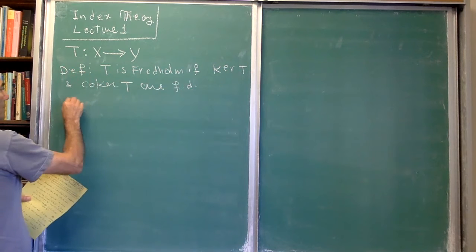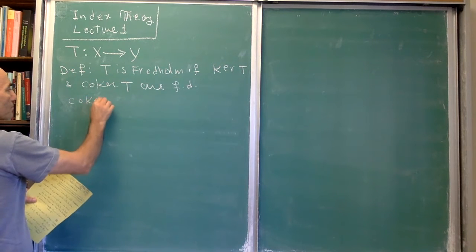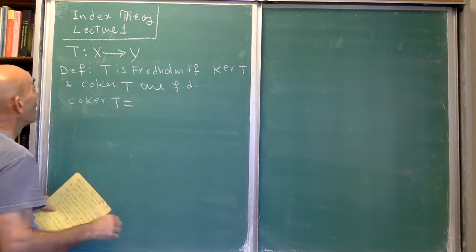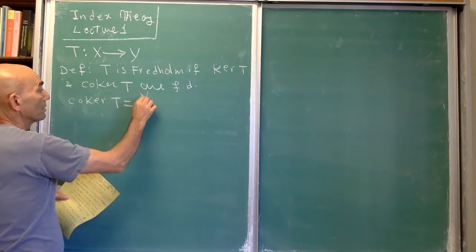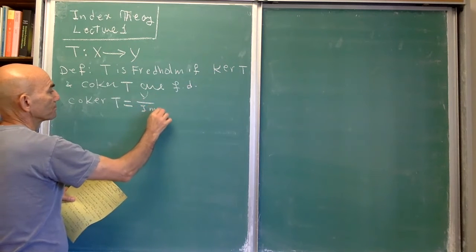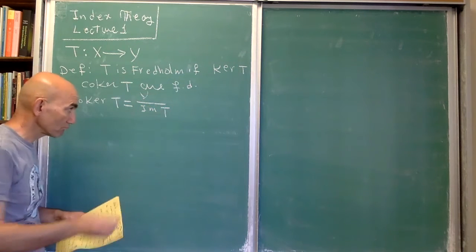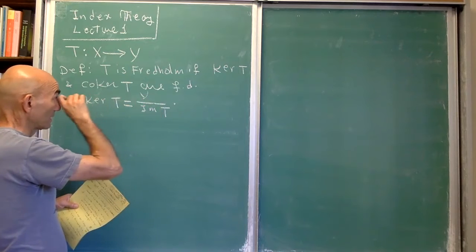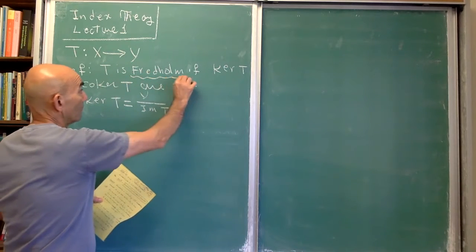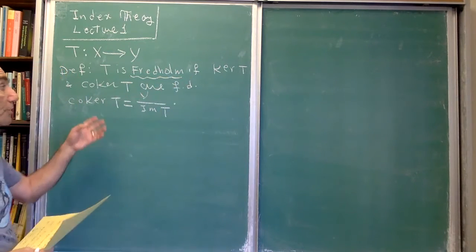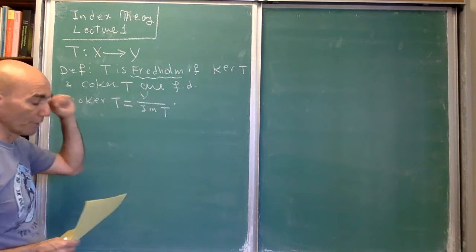So the co-kernel of T, of course, is Y divided by the image of T. So that's the idea of a Fredholm operator. It has a finite dimensional kernel and a finite dimensional co-kernel.